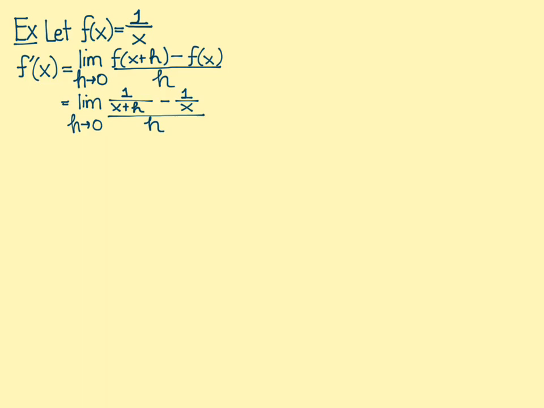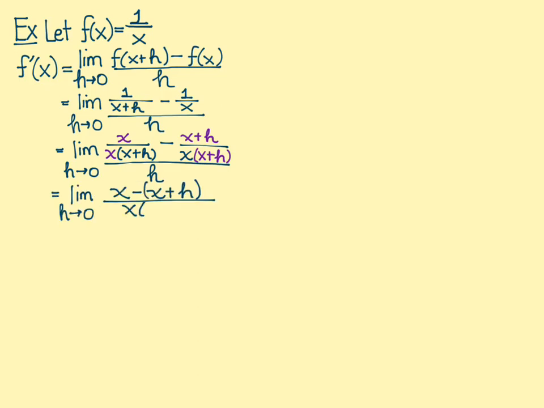And in order to simplify this limit, I'm going to need to find a common denominator for the numerator. So I'm going to multiply the first fraction by x over x, and the second fraction by x plus h over x plus h. And now I can rewrite it all as a single fraction in the top, x minus x plus h over x times x plus h, all of that over h.